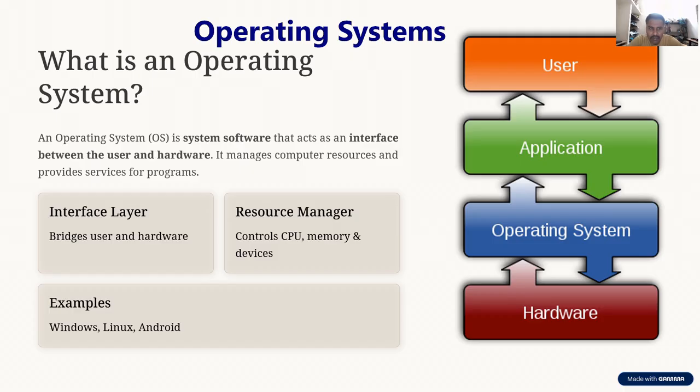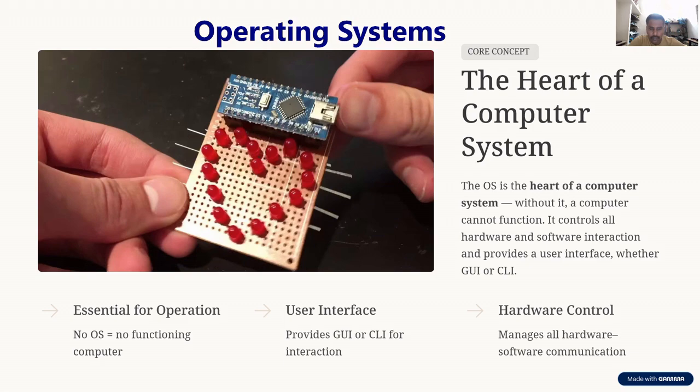Some common examples of operating systems are Windows, Linux, and Android. And Mac OS is also one of the best examples of operating systems. The operating system is the main heart of the computer system.